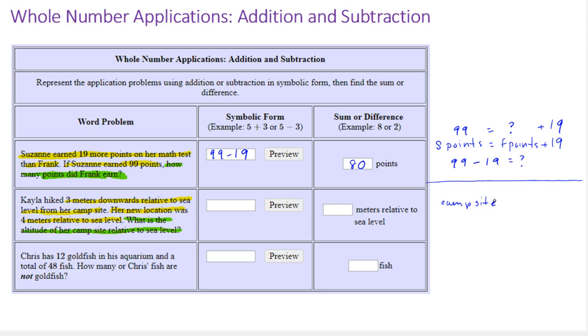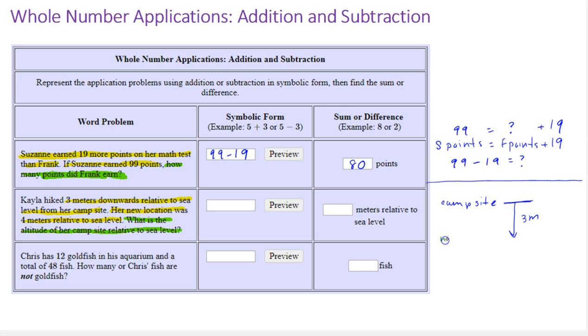Okay, so I can kind of visualize this spatially. You can kind of imagine it, so that's why I'm making this kind of represent the situation. So here she is, and she hiked 3 meters downwards from her campsite, and her new location was 4 meters relative to sea level. Let's make this a different color.